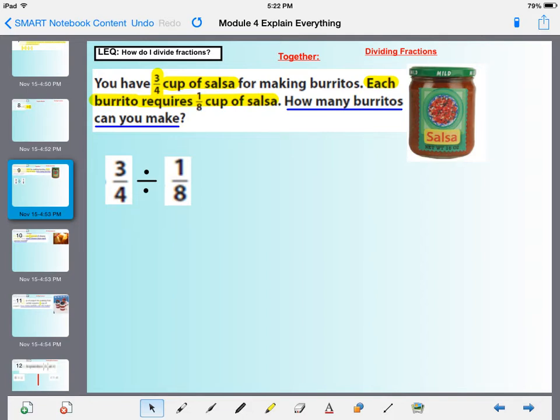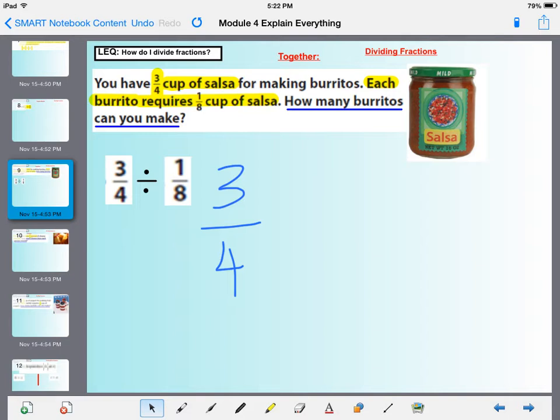And we discussed how the fraction that goes first is the total, the entire amount that we're dividing. So in this case, we have 3/4 cup of salsa. And we're going to divide that by, well, every burrito requires 1/8 cup. So we're going to divide by 1/8 because we're really wanting to know how many 1/8 go into 3/4. That's really what this problem is asking.